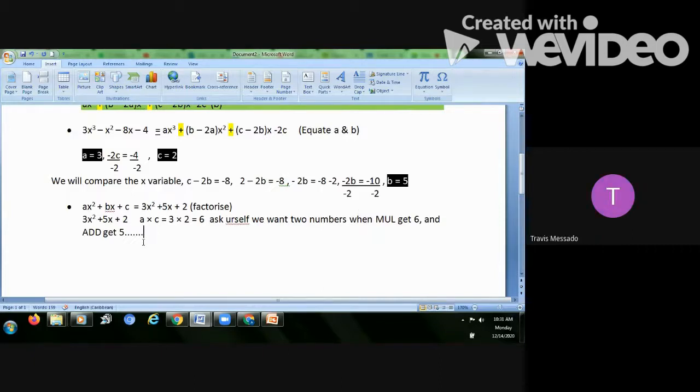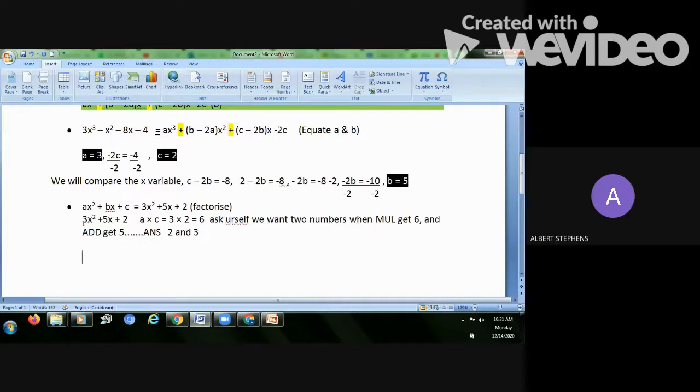So the two numbers are 2 and 3, because 2 times 3 gives you 6, and 2 plus 3 gives you 5.